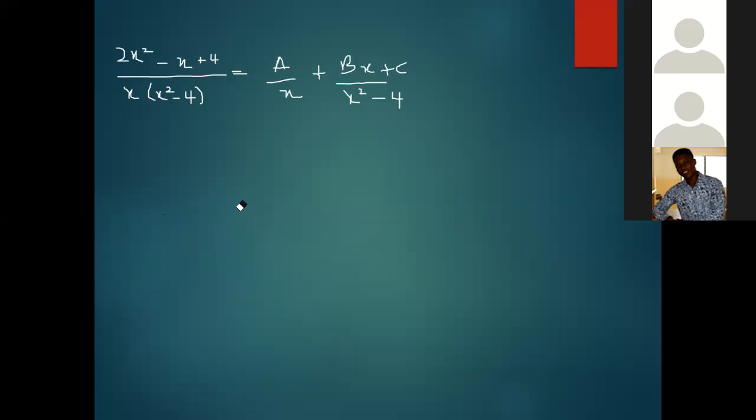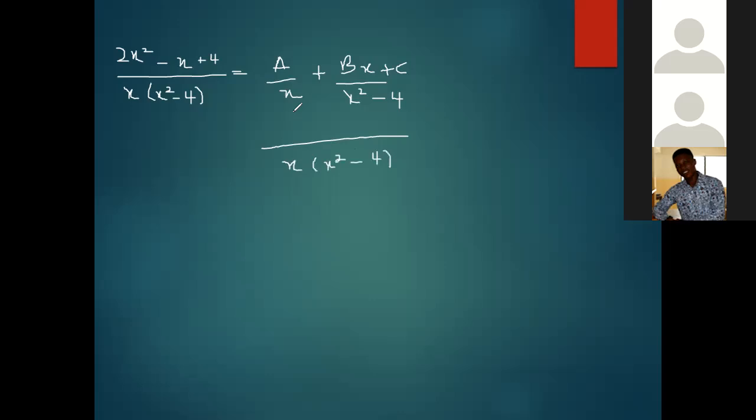Okay, then we follow our principles. So this is going to give us, we find the LCM as usual. So we have x times x squared minus 4.